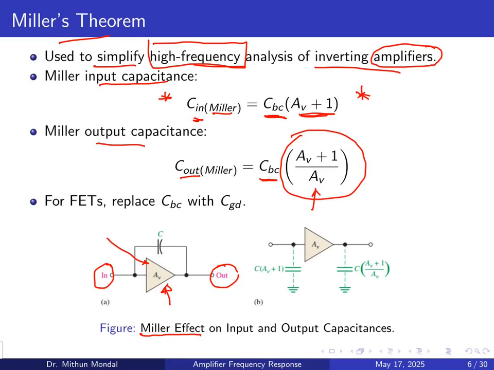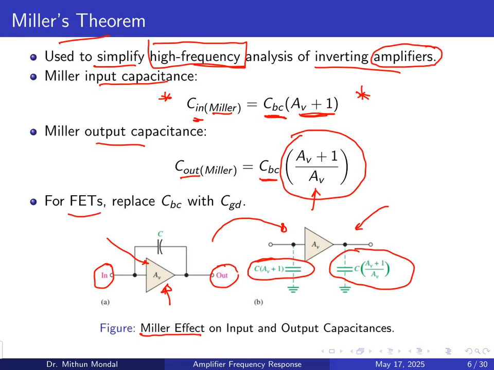Here you can see we can have the simplified circuit of the amplifier with the introduction of the input capacitance and the output capacitance with respect to the Miller effect, which is the internal capacitance multiplied by a certain gain factor. This is with respect to the BJTs.